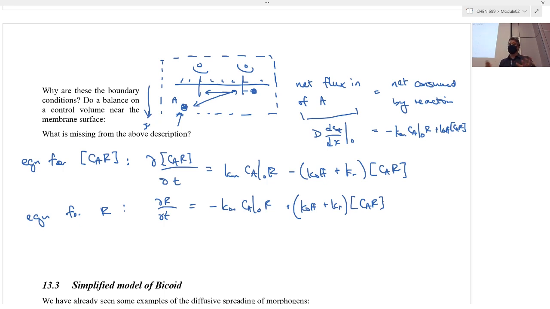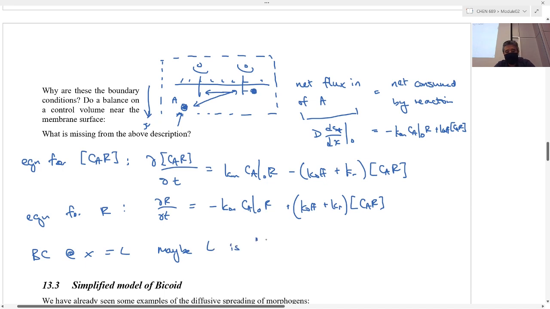All right, so this would be a full description of this system, if you wanted to talk about diffusion of A and B in the bulk, and then reaction at the membrane. Actually, it's not the full description. I lied. There's also another boundary condition that I mentioned, at x equals L. So what should I write for that? Maybe L is far away, so far away that the phosphatase basically takes care of everything by the time it gets that far.